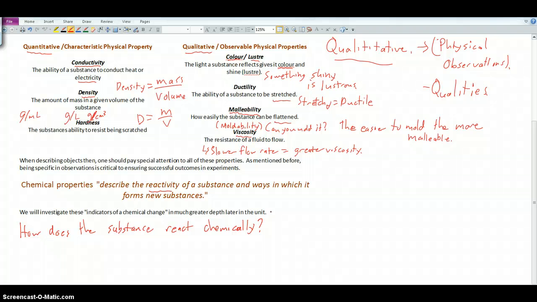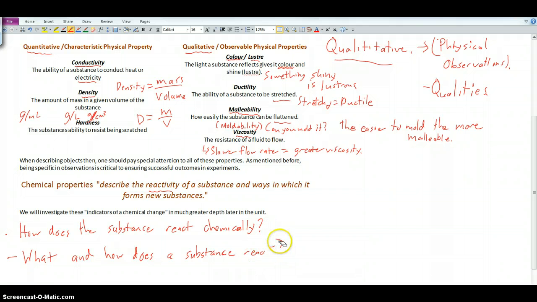So that would be a chemical property of magnesium. It's also an example of a chemical change, which we will talk about. But the fact that it does that, what it reacts with, sort of determines its chemical property. So, what and how does a substance react?